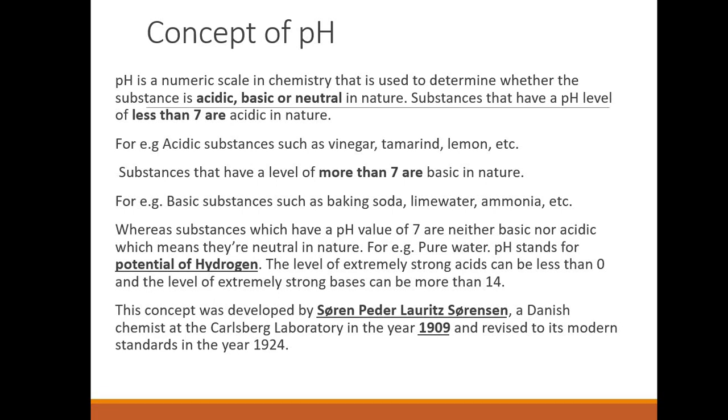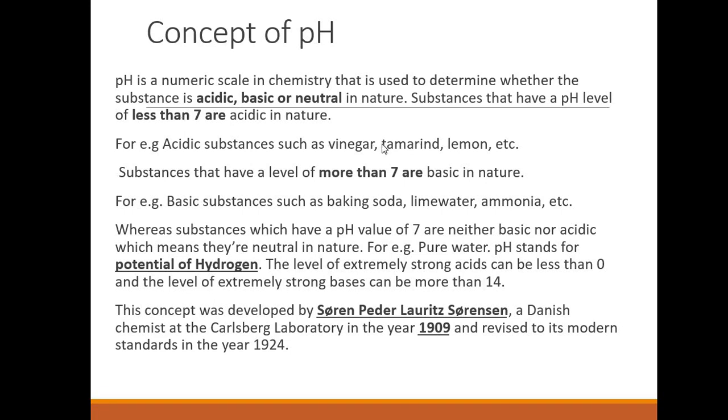So, what is pH? pH is a numerical scale in chemistry that is used to determine whether the given substance is acidic, basic or neutral in nature. Substances that have a pH level less than 7 are called acids.